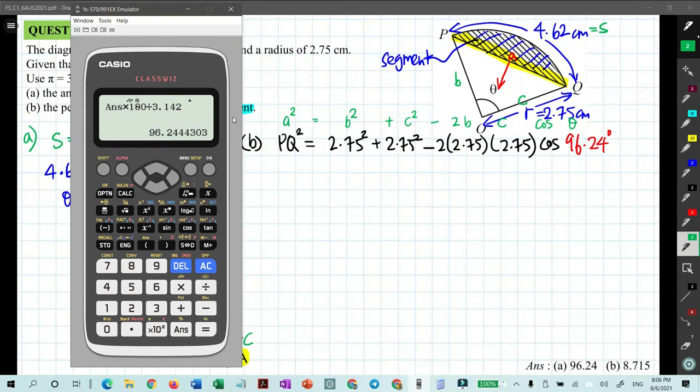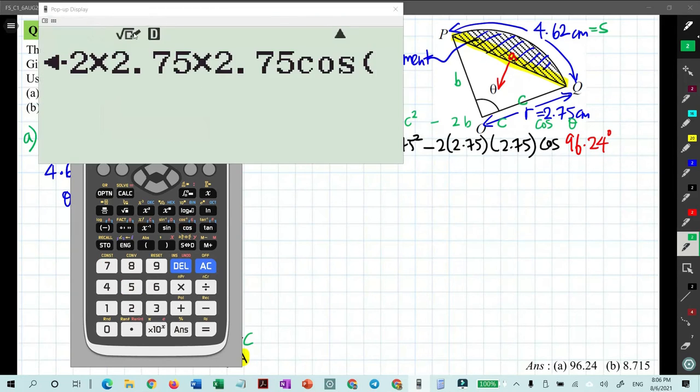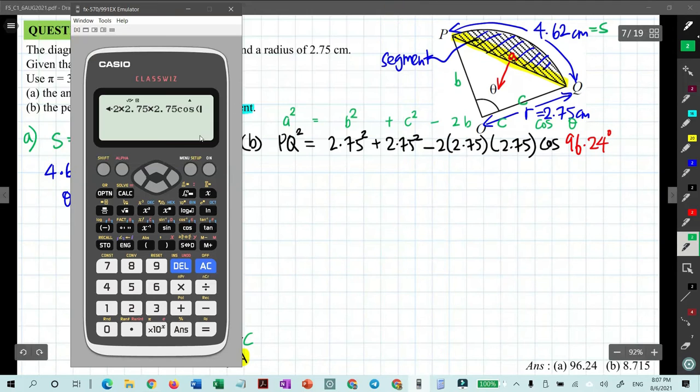In order to find the length of PQ, you can key in the whole thing on the right hand side straight into your calculator. 2.75 square plus 2.75 square minus 2 times 2.75 times 2.75 cos. Make sure the mode of the calculator is in degree. If you look at the display, it's stated D, so the angle must be in degrees.